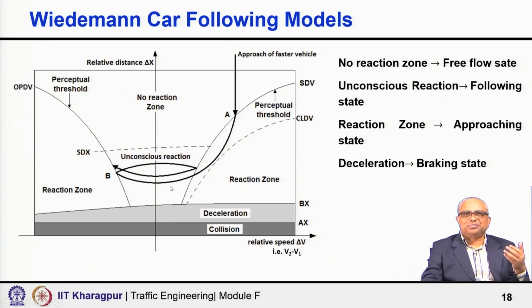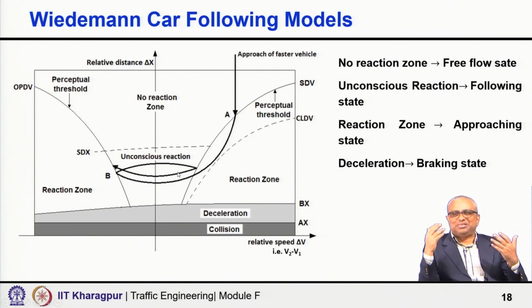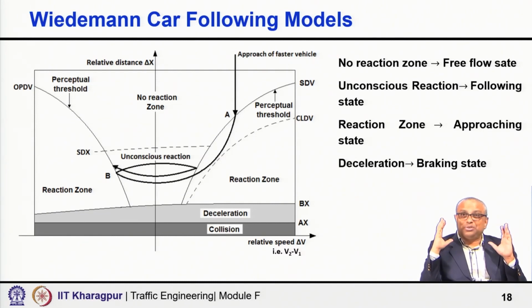Then here it is shown as unconscious reaction, the following state. Consciously you do not really, when you are following, a little bit of up and down may happen, but no conscious acceleration or deceleration. Then the braking state comes, this part, deceleration.